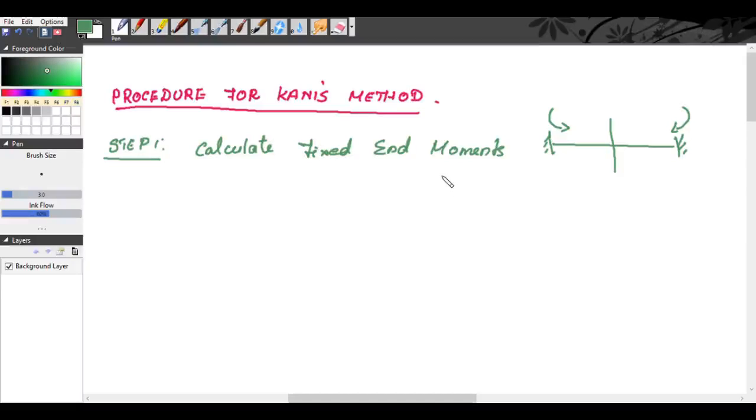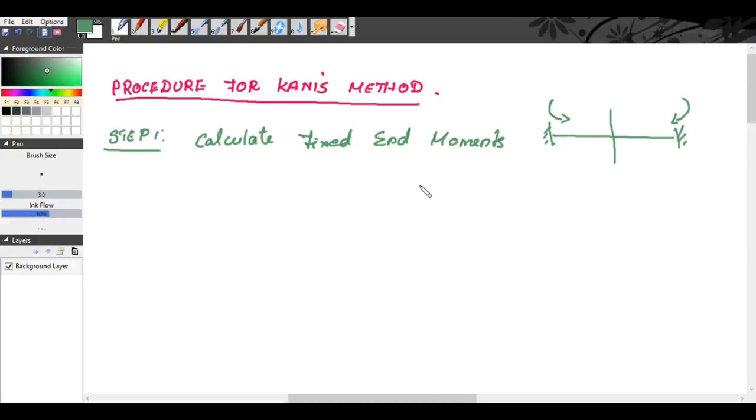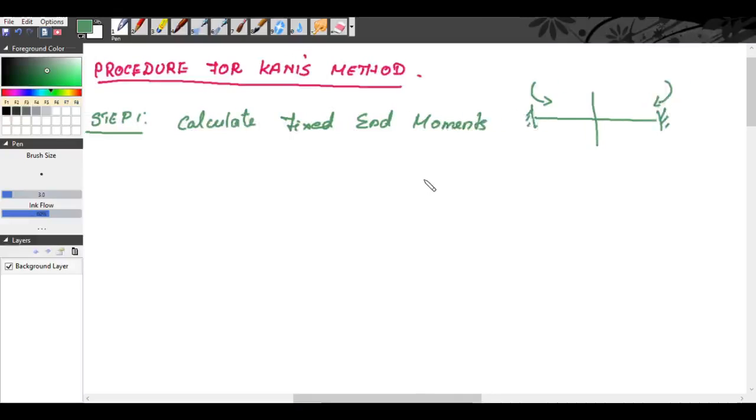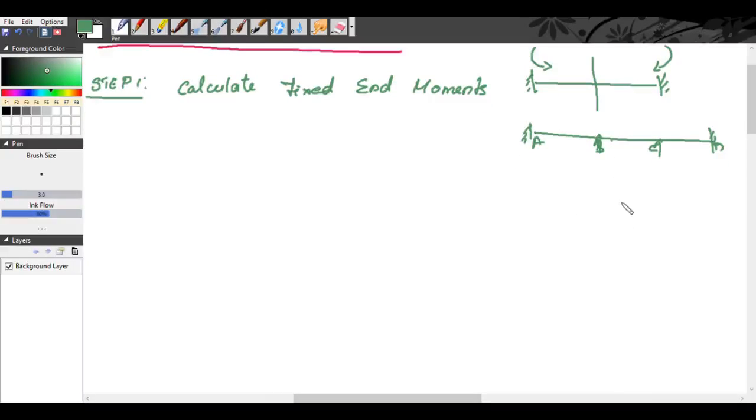So, in the procedure, see, in the moment distribution method, we calculated using moment distribution tables. Here we don't have tables, we have either square boxes or circles. So that means, see, if you have a span like this, A, B, C and D. Okay, B and C are intermediate supports.